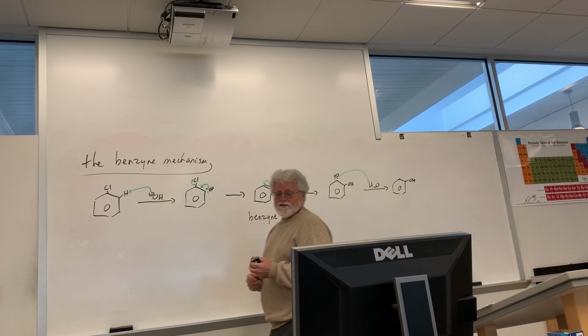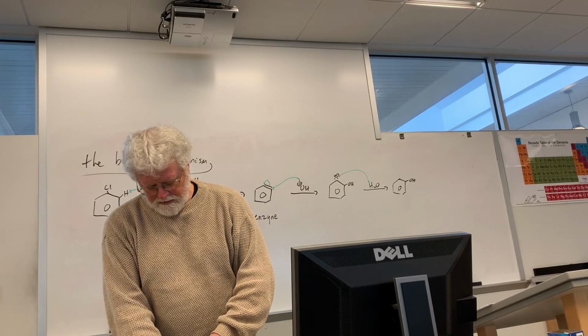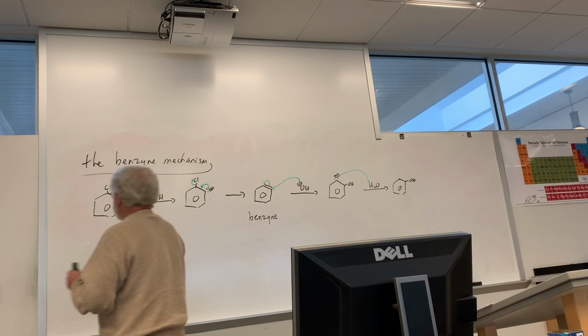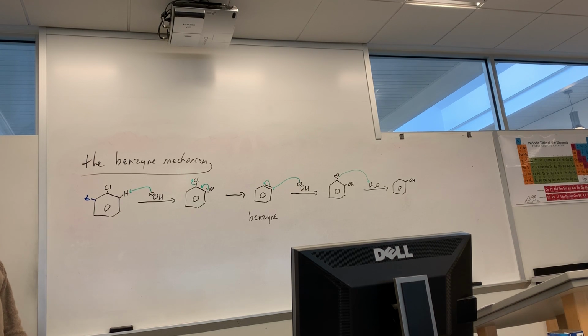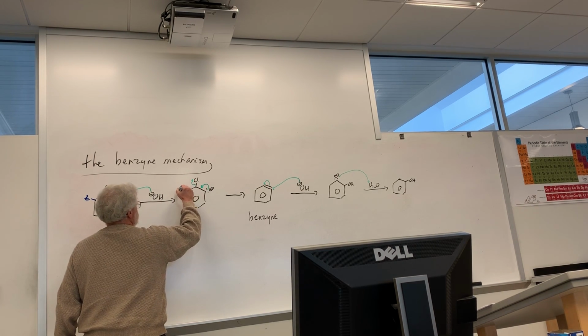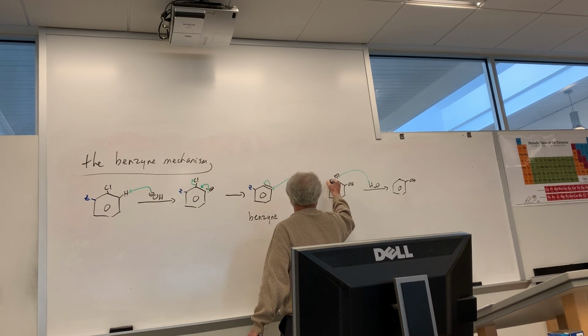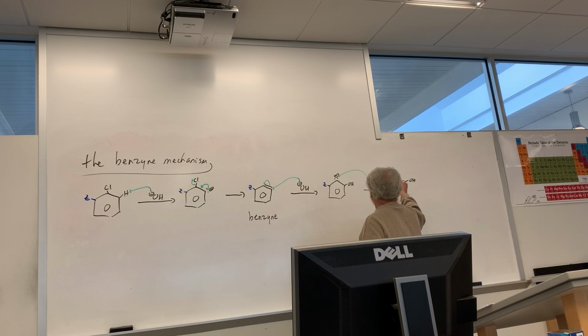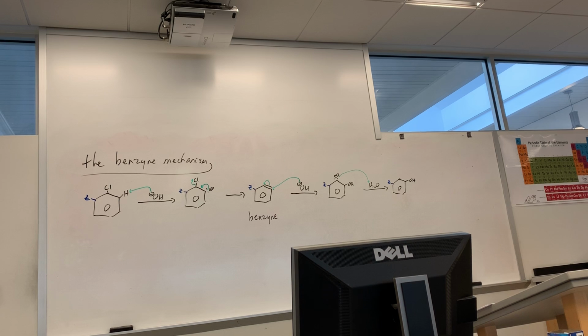But let's just say, for the sake of argument, we had something on this carbon. So I started off with a compound where the chloro group was ortho to Z. I ended up with a compound where the hydroxyl group is meta to Z. Did that have to be?